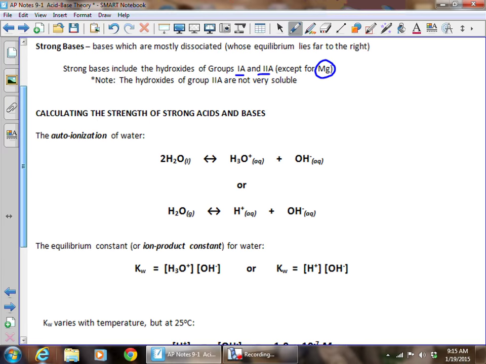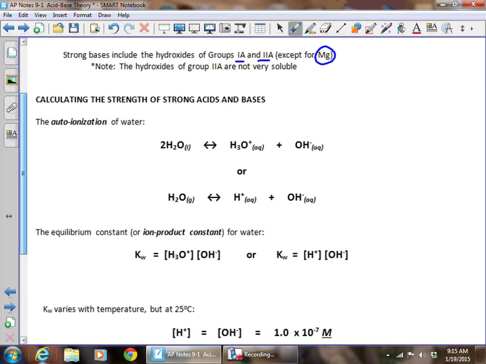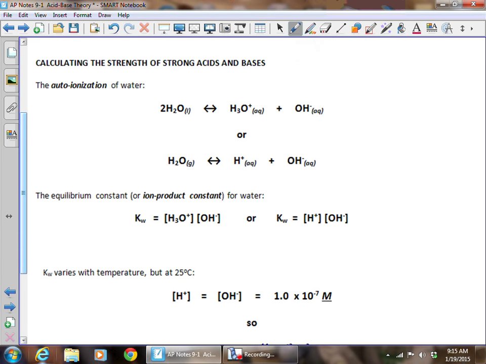Now when we calculate the strength of strong acids and bases, a couple of things we need to realize. There's something called the autoionization of water. Even when you've got pure water, you have a situation where some of those water molecules are colliding with each other, and when they do, they produce hydrogen and hydroxide ions.